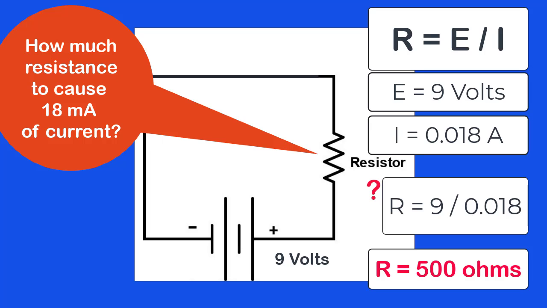So, if an LED is equivalent to 111 ohms, how much extra resistance do we need to add to the LED in the circuit so that we get a flow of 18 milliamps with a 9-volt battery?